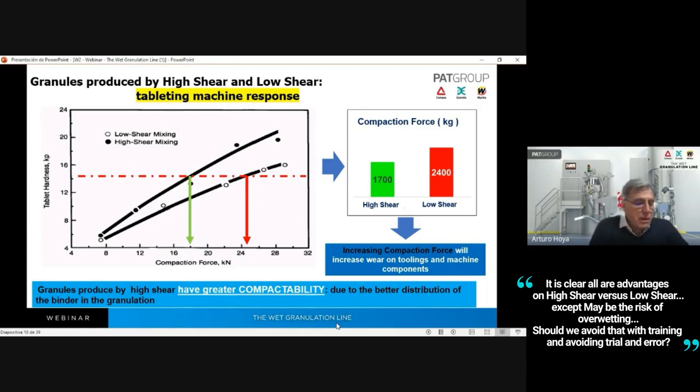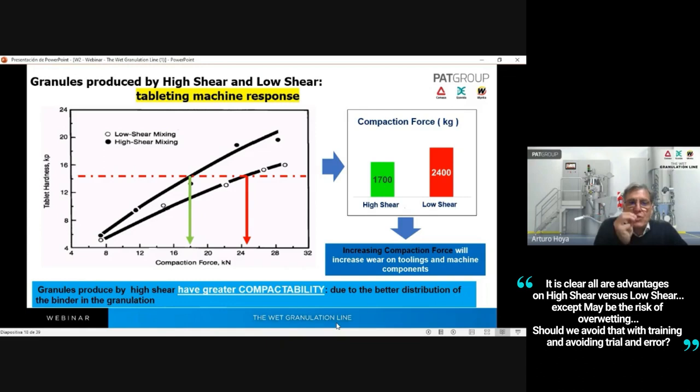And the question is, is it possible with training and not with trial and error? Of course, we don't need trial and error because it's consuming time and material.